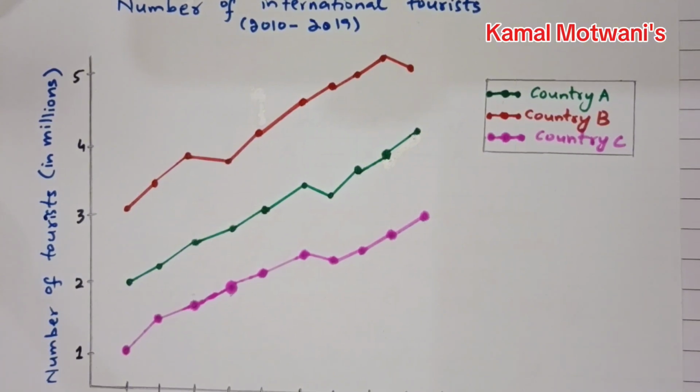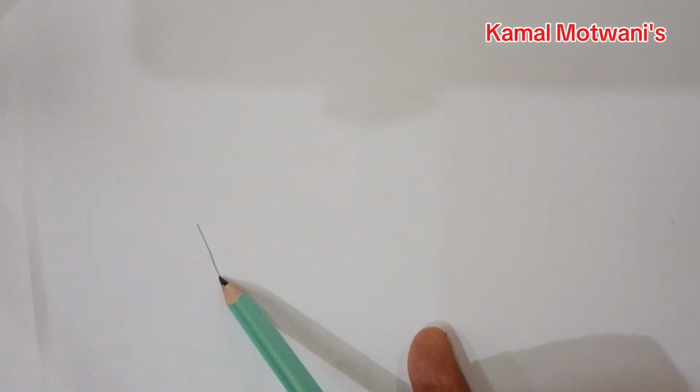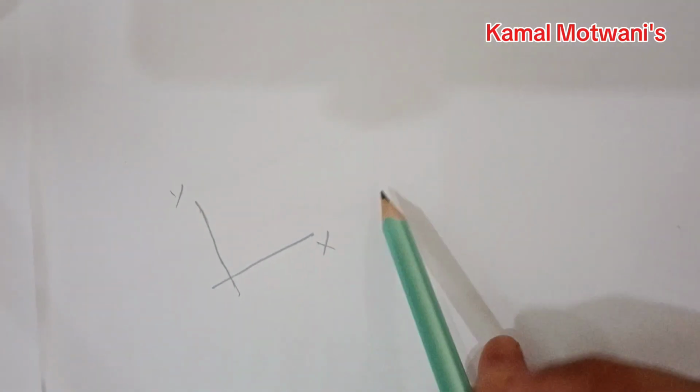Now let's first discuss what a graph in general tells us. Always notice that, suppose this is the graph, we have the x-axis and we have the y-axis.